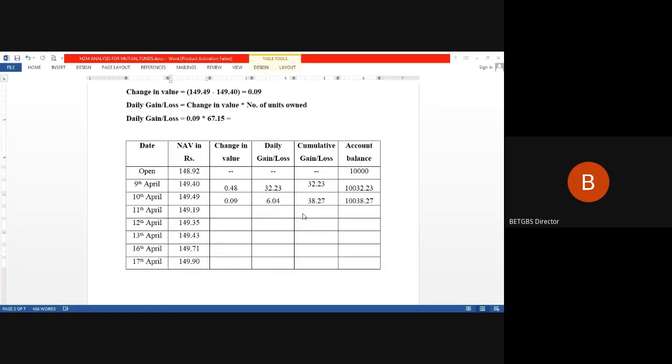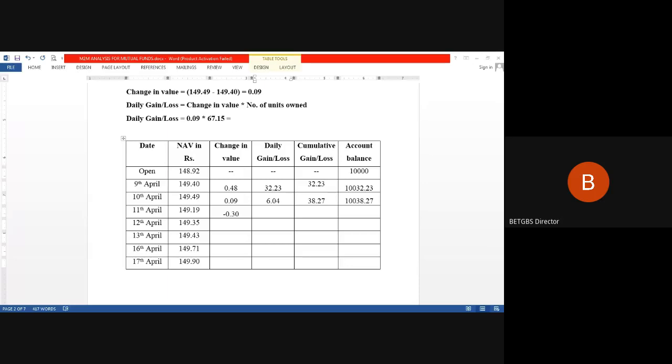Similarly for the 11th April, we have to do it now. So it will be 149.19 minus the previous, 149.49. Here we have a loss of 0.30. So 30 paise loss we have got on this day. Again you multiply with 67.15. So the loss will be this much, 20 rupees 14 paise.